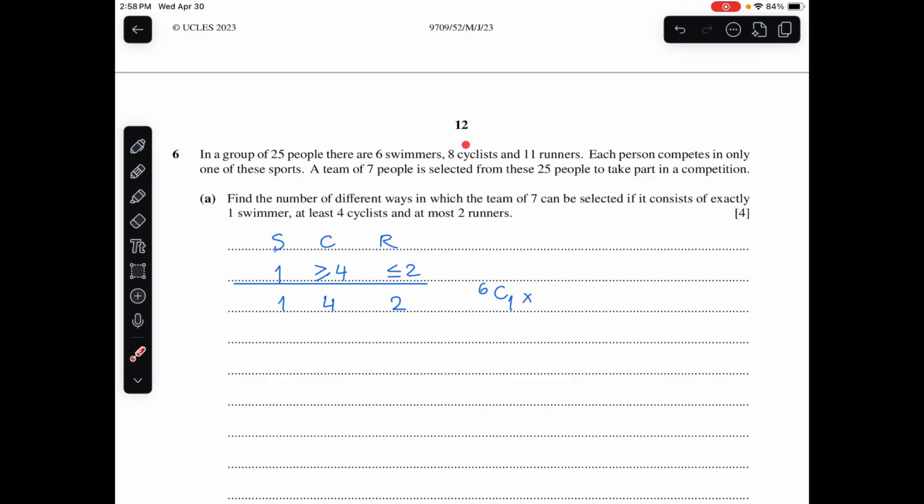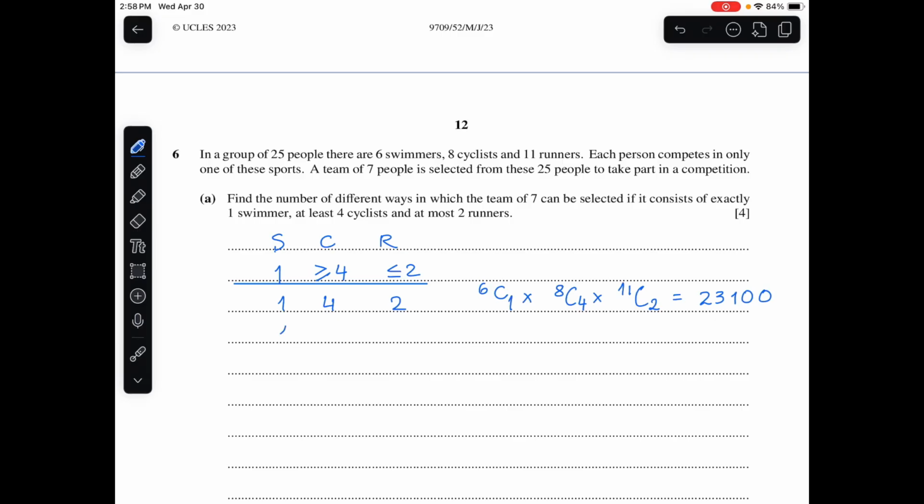From 8 cyclists we need to choose 4. So it's going to be 8 choose 4 times. From 11 runners we need to choose 2 runners, and this works out to be 23,100. This is the first combination.